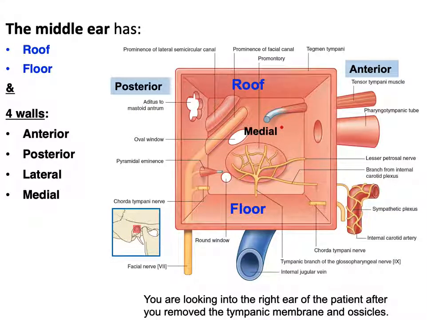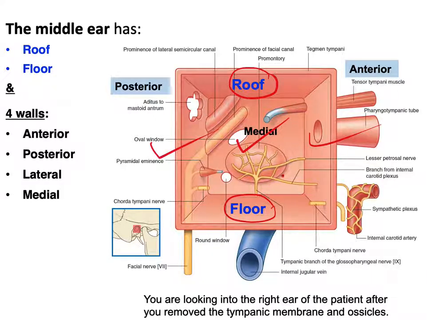So it has an anterior door and a posterior door. Yes, as I mentioned, the middle ear is like a room. And the room has, of course, a roof and floor. And other than the roof and floor, you have 4 walls: anterior and posterior, medial and lateral. Where is the lateral?